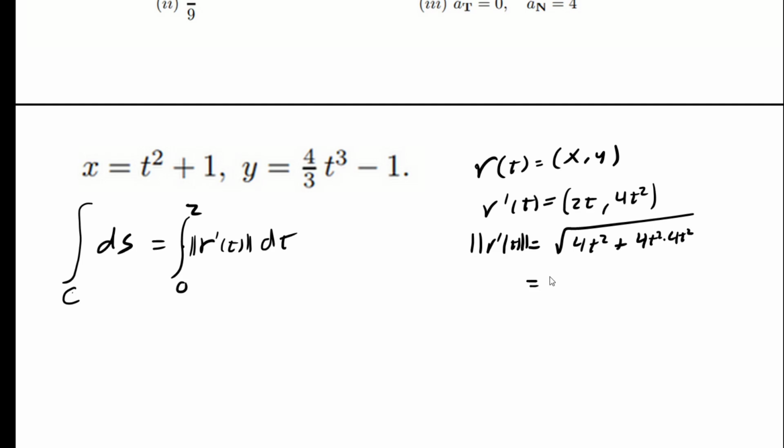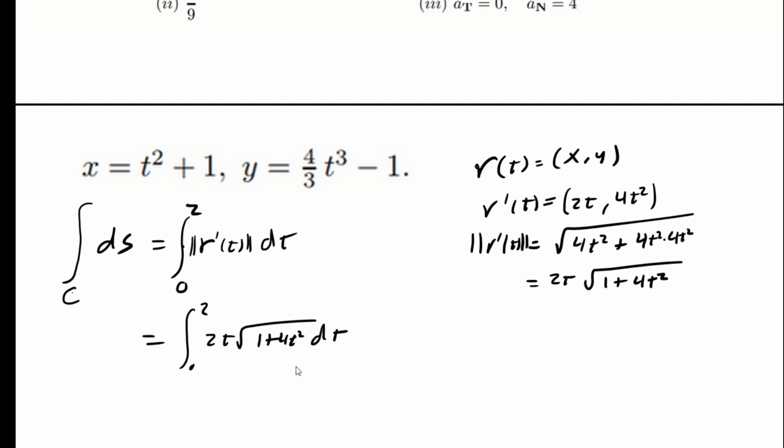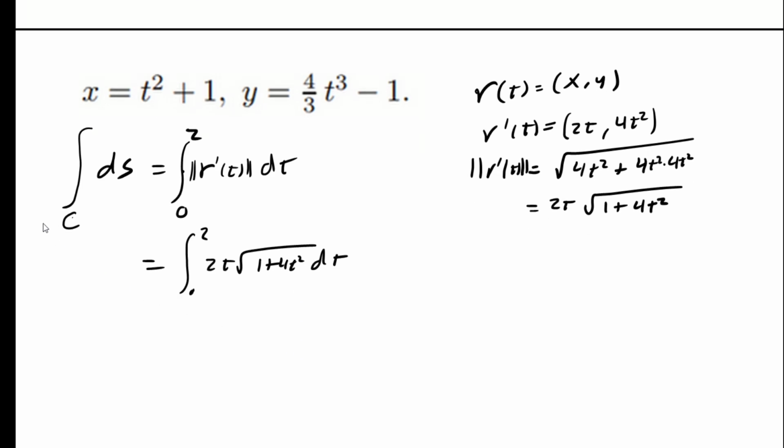So I can factor 4t squared out and I get 2t root 1 plus 4t squared. Okay, so that's what we're integrating from 0 to 2: 2t root 1 plus 4t squared dt. And I hope that this makes a lot more sense in context of the line integrals that we've done, because that's really all this is.